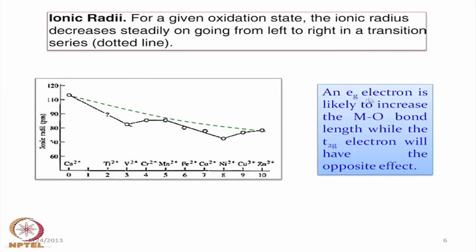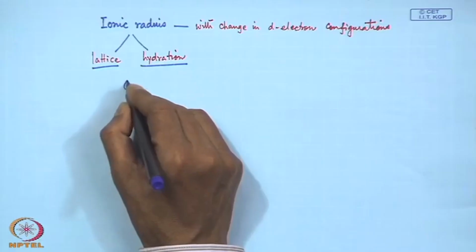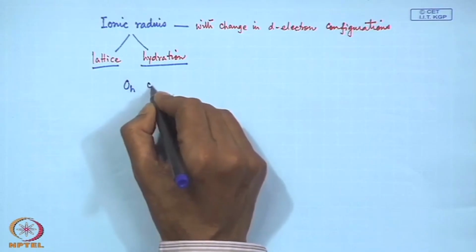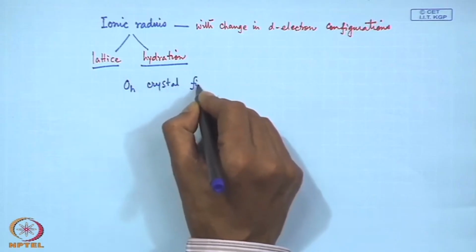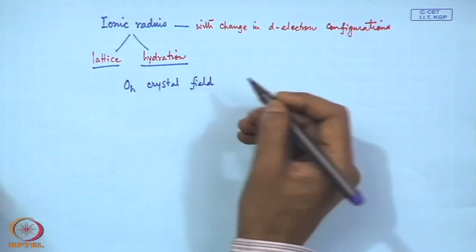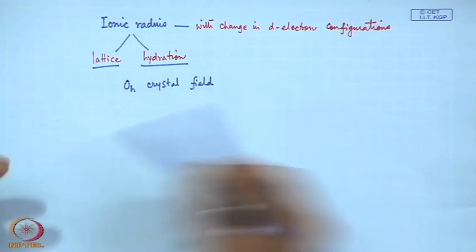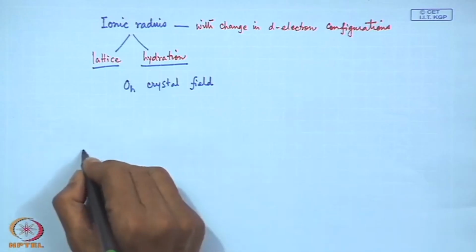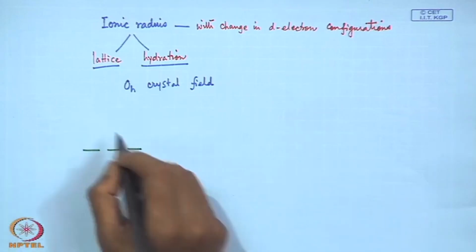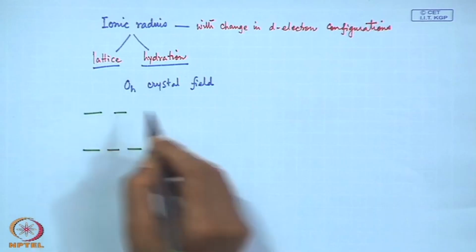Because of the occupancy in these two levels, the T2G and EG electrons. And if we have an octahedral crystal field, there are orbitals which are T2G and EG.